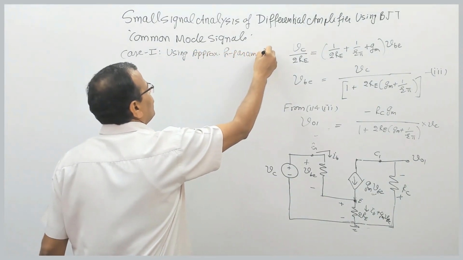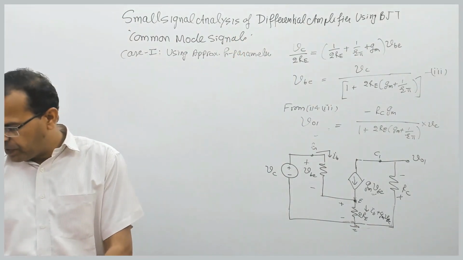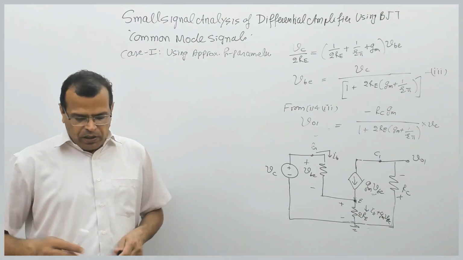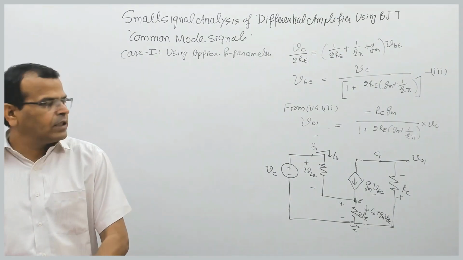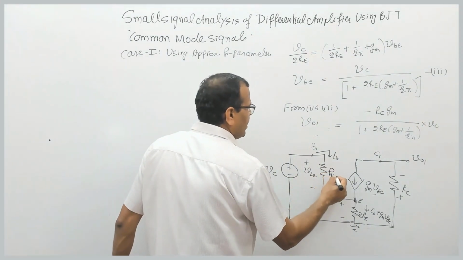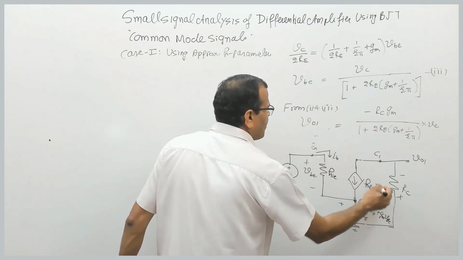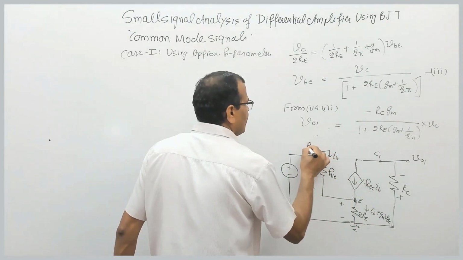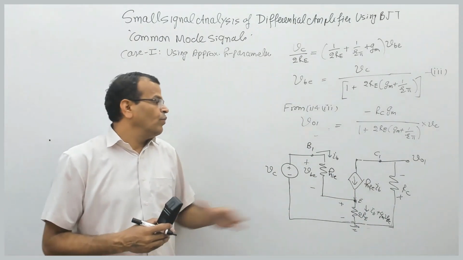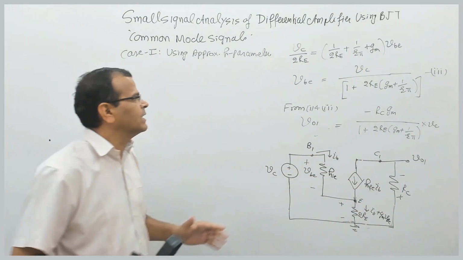When you take the approximate H parameter model, the analysis will be exactly similar to what we discussed, but here it will be HIE, and here it will be HFE into IB. This will be IB here, this is B1. That is the model of the transistor, basically the half part with transistor Q1. Everything will be otherwise similar to what we have discussed. Fine.